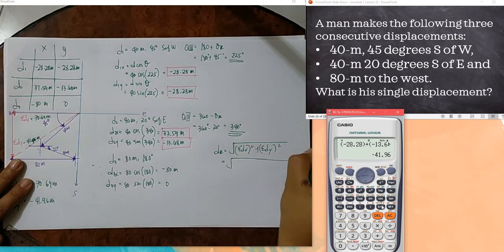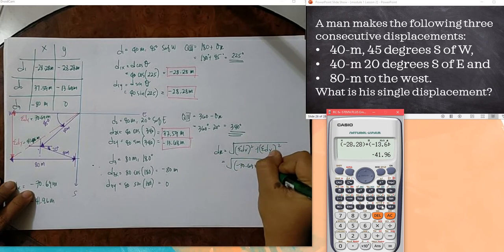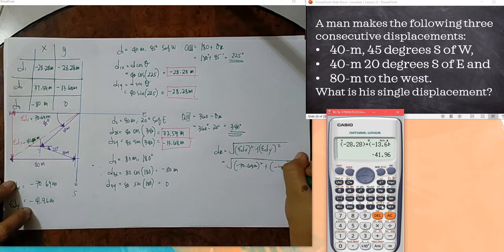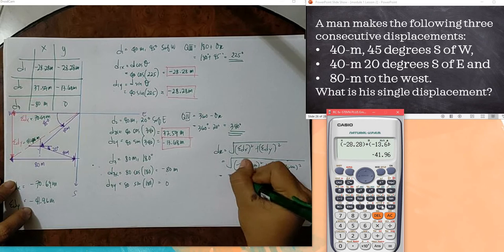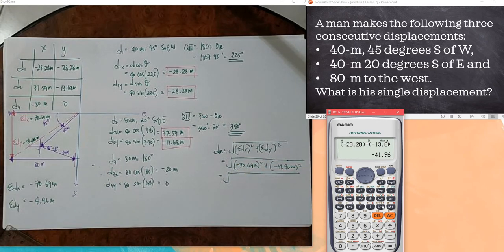Substitute the values: negative 70.69 meters squared plus negative 41.96 meters squared.